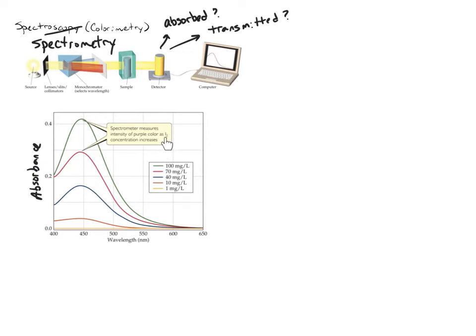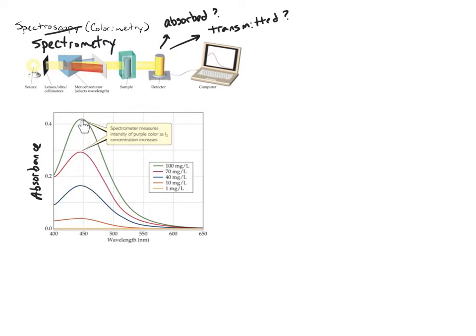As you can see, it's I2. Now, I2 has a purple color. And so when we pass light through it, we're looking at how much light gets absorbed by that purple colored substance as we increase the concentration. A particular substance is going to absorb light that is closest to its color.